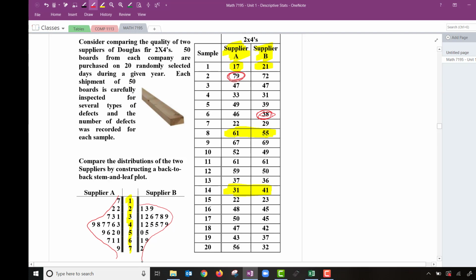So if I had to pick one just by looking at the pictures, I'd go with supplier B, because I see that most of their defects are in the 30s and 40s, whereas supplier A has too many defects in the 40s and 50s. So with just a quick analysis, I've probably made the correct decision. We'll go ahead and calculate the other stats just to see what they say, but I'm pretty sure at the end, we're going to say we like supplier B.